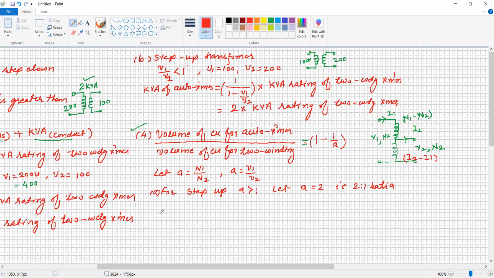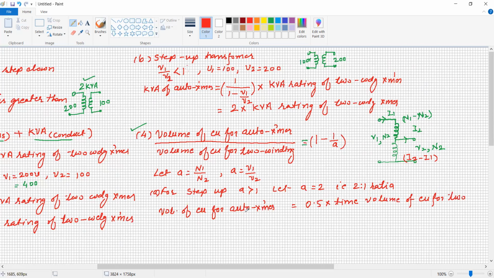So we can say that here the volume of copper for auto transformer is equal to 1 minus 1 upon 2, it is 0.5 times volume of copper for two winding transformer, isn't it?